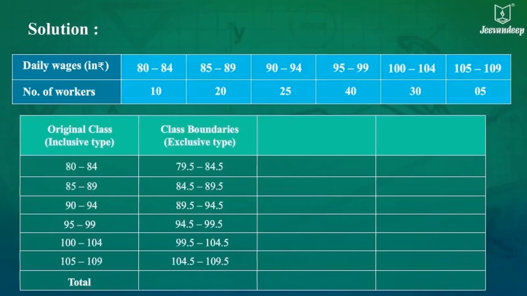In the second column, convert inclusive type class intervals into exclusive type, that is continuous, by subtracting 0.5 from every lower limit and adding 0.5 to every upper limit.